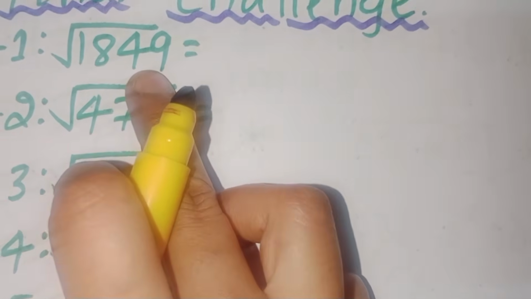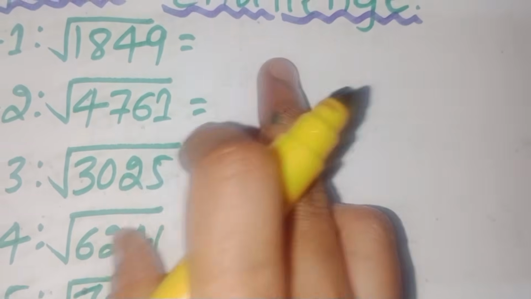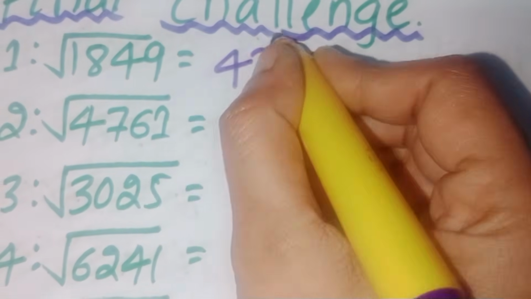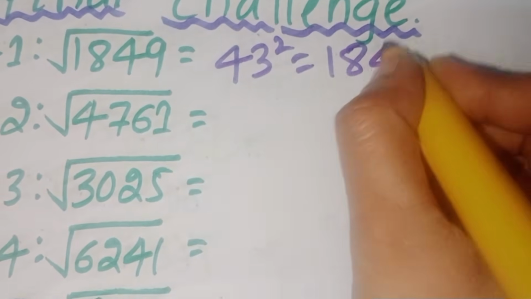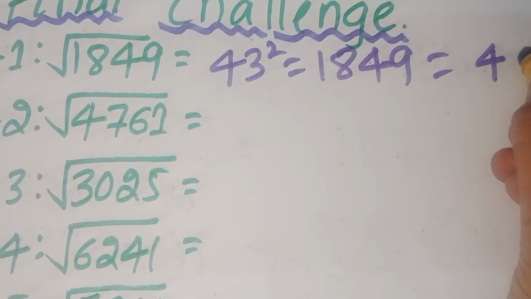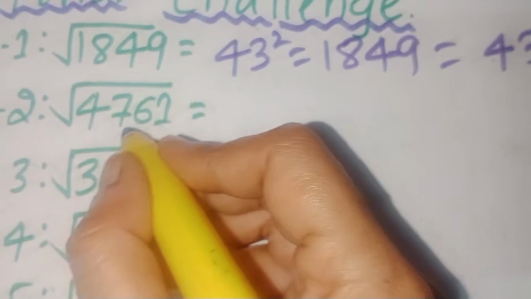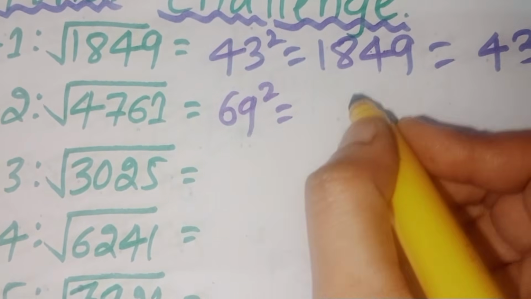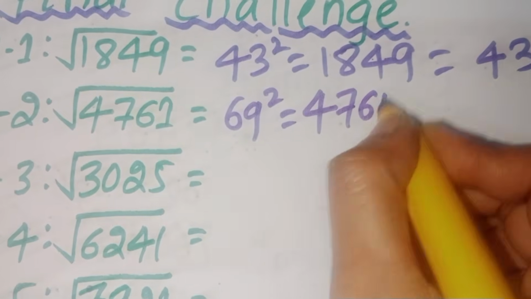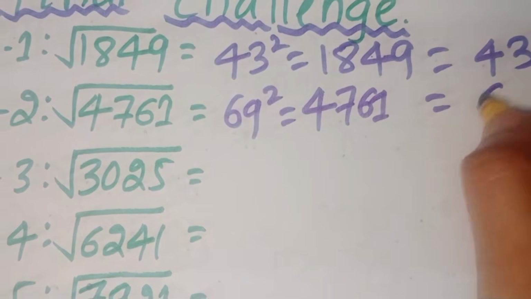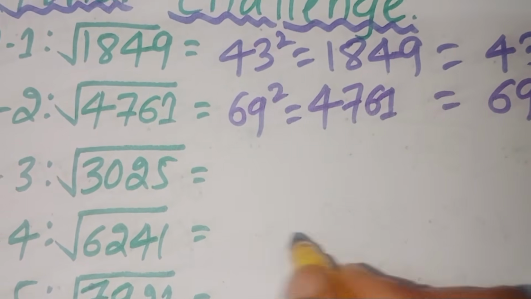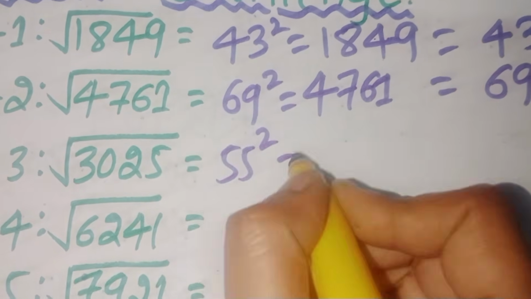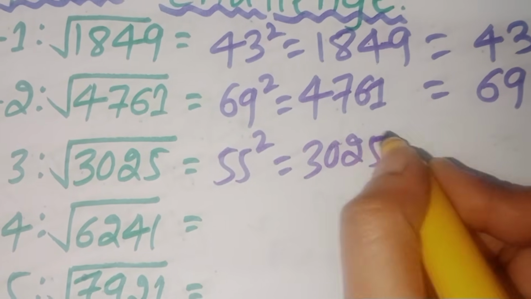Question 1, square root of 1849. 43 square is 1849. So the answer is 43. Question 2, square root of 4761. 69 square is 4761. So the answer is 69. Question 3, square root of 3025. 55 square is 3025.